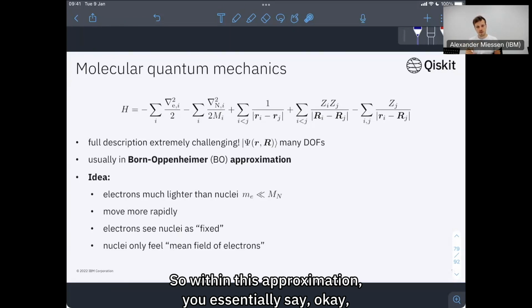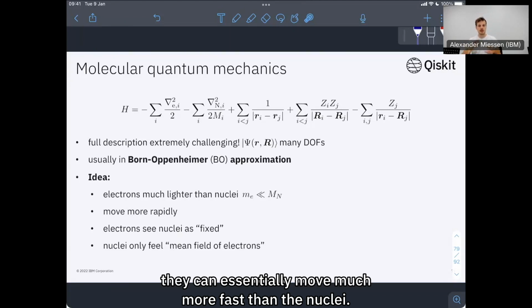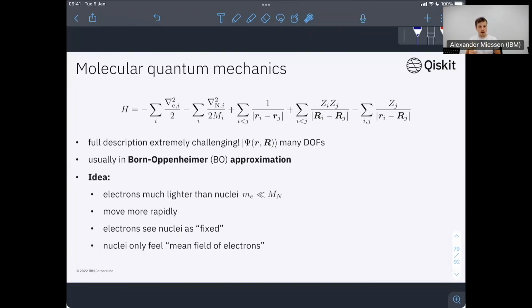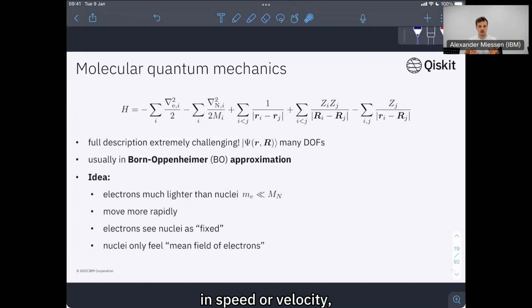So within this approximation, you essentially say, okay, electrons have a much lower mass. They're much lighter than the nuclei. And so their motion is much faster than that of the nuclei, okay? Because they're so much lighter, they can essentially move much faster than the nuclei. And so what this means is, due to this difference in velocity, the electrons will see the nuclei as fixed.